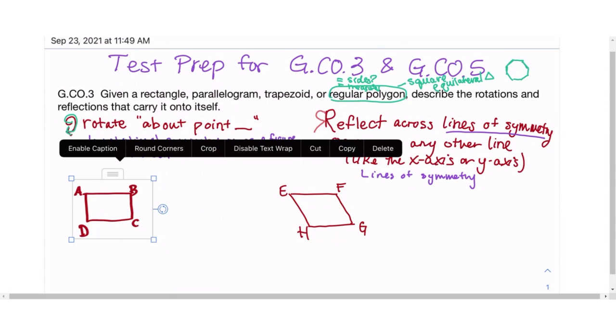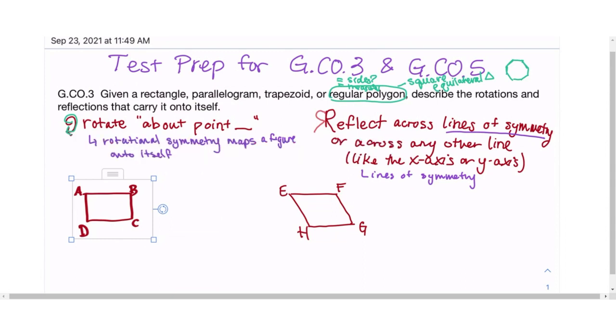So with these rectangles, I could rotate it about some point in the center, and I'd have to go all the way 360 degrees to map, in other words, carry rectangle ABCD onto itself.